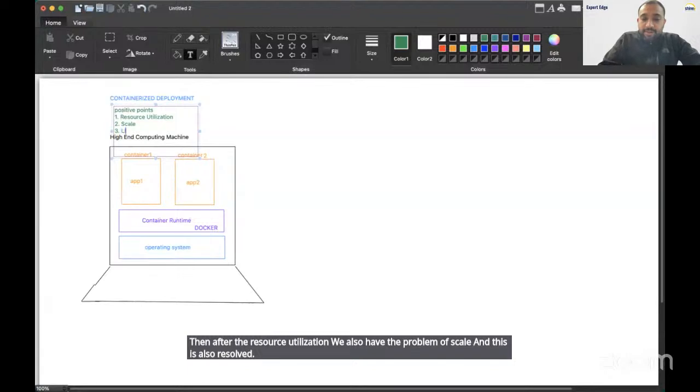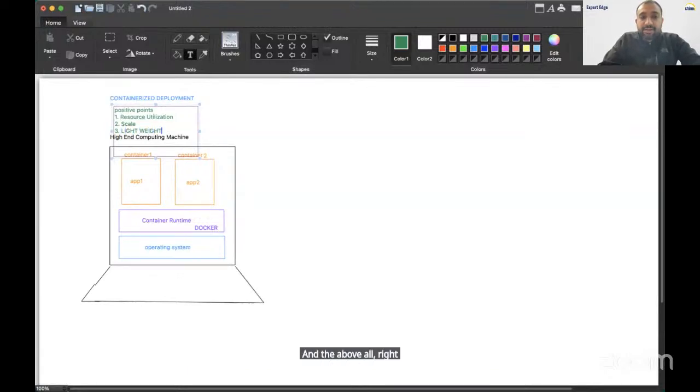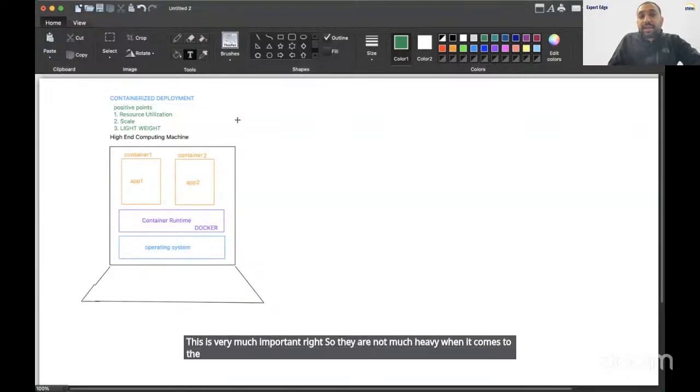And above all, containers are lightweight. This is very important, because they are not heavy when it comes to the computing end or the memory end.